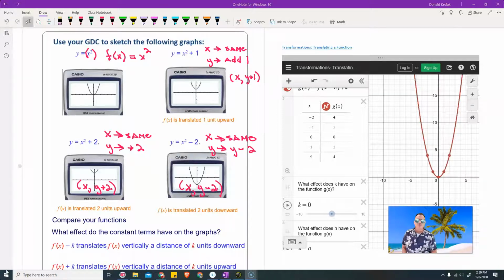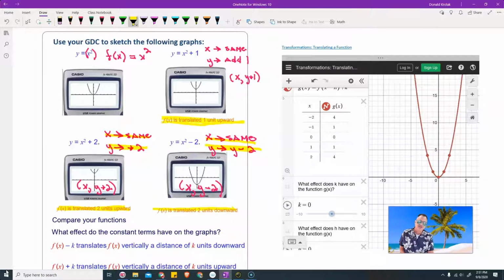So here are your overall results. Okay, the x's stay the same, and if we're adding 2, we're going to just add 2 to our y's. Here, subtract 2 from the y's. And the effect of doing that is it either is going to slide the graph up if you're adding, or it's going to slide the graph down if you're subtracting.